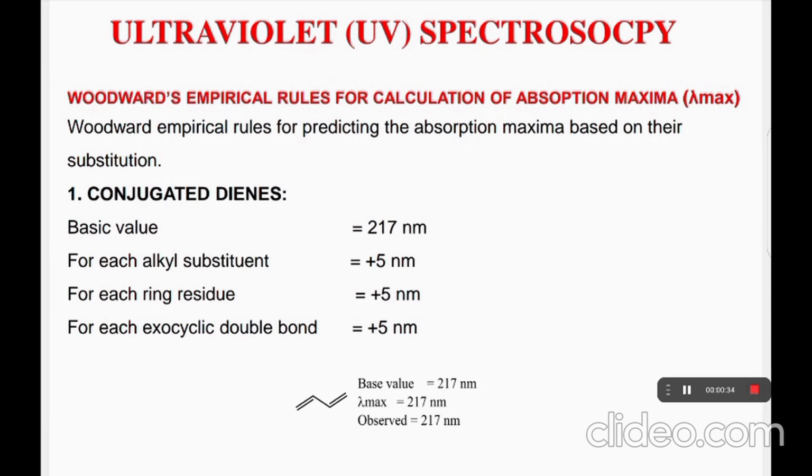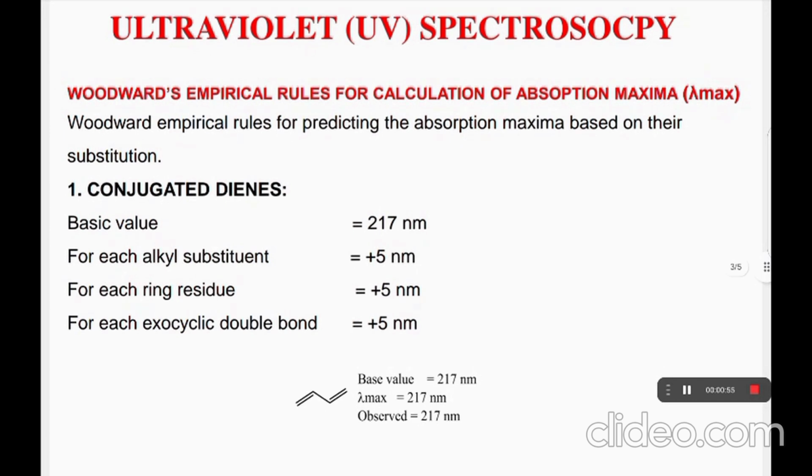Similarly, if any ring is attached to this core structure, we consider it a ring residue. For this also we add 5 nanometer. And for the exocyclic double bond, it means a 6-membered ring or a 5-membered ring with a double bond protruding to the outside. We call this situation an exocyclic double bond. While discussing the problems, we can discuss in detail. For exocyclic double bond, we are going to add.